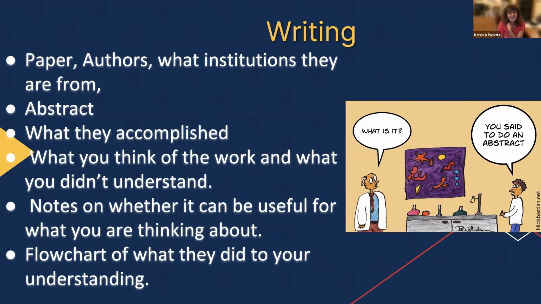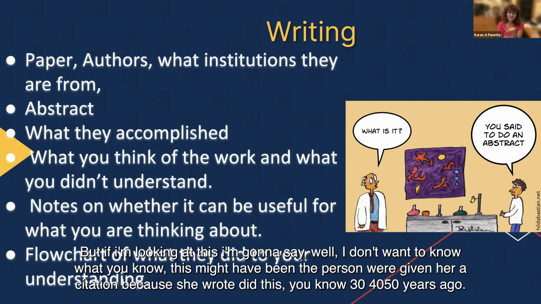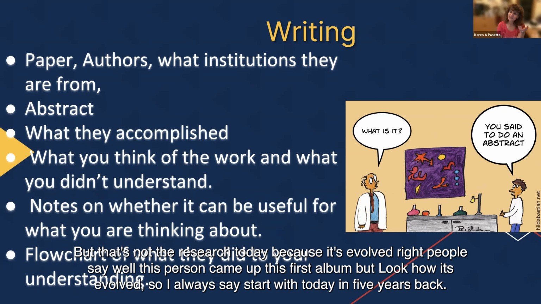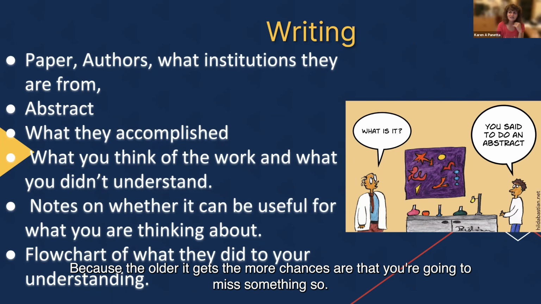They might, but that might have been the person given a citation because she did this 30, 40, 50 years ago. That's not the research today, because it's evolved. People say this person came up with this first algorithm, but look how it's evolved. So I always say, start with today and 5 years back, because the older it gets, the more chances are that you're going to miss something.